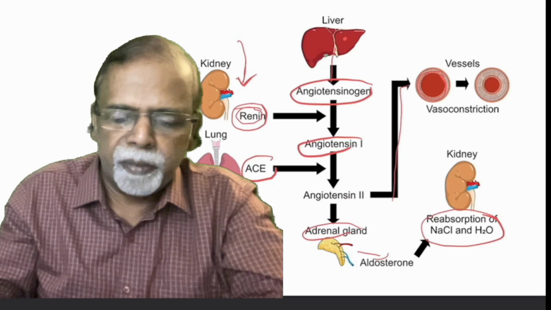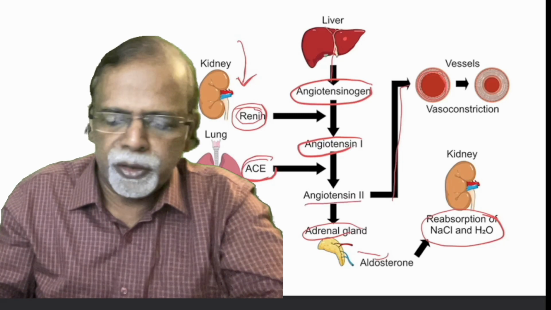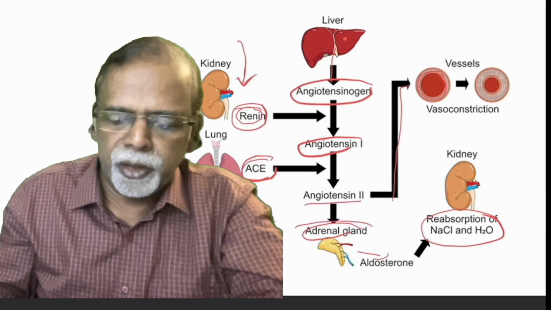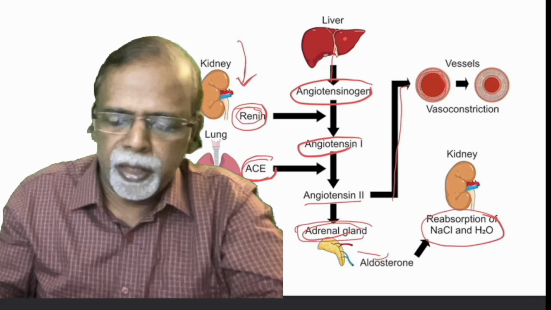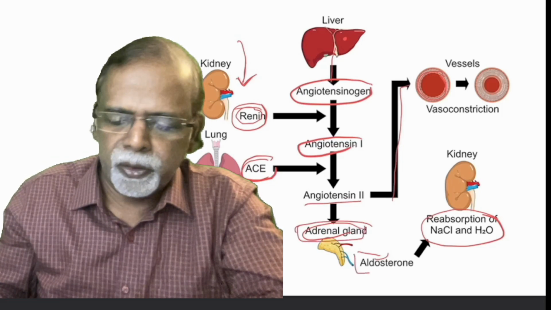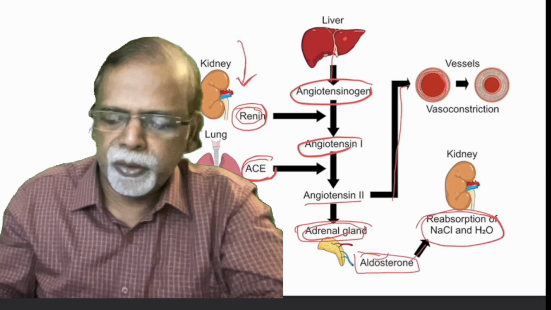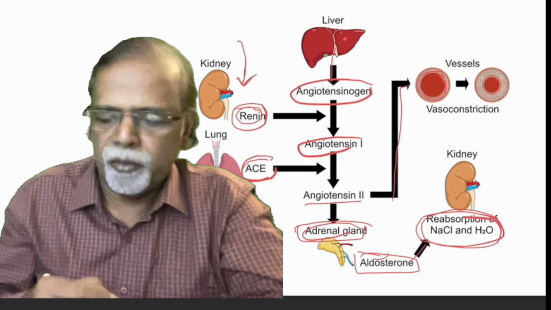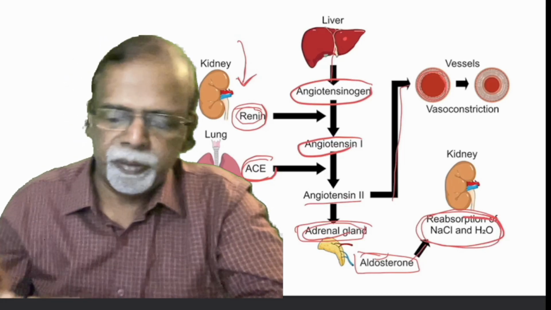Angiotensin 1 will be acted upon by angiotensin converting enzyme, and angiotensin 2 is formed. Angiotensin 2 will act on the adrenal gland, produces aldosterone. This will produce reabsorption of sodium and water and help to maintain the blood volume.